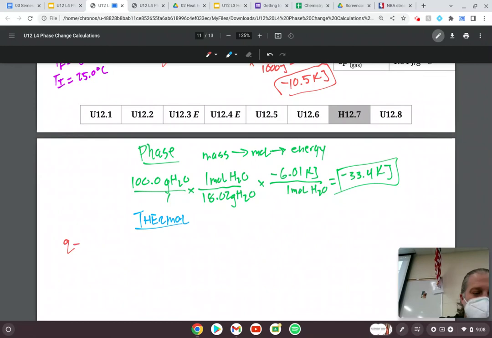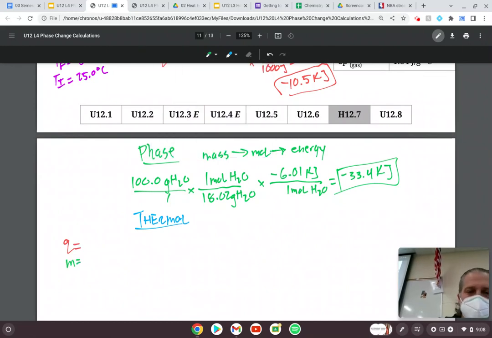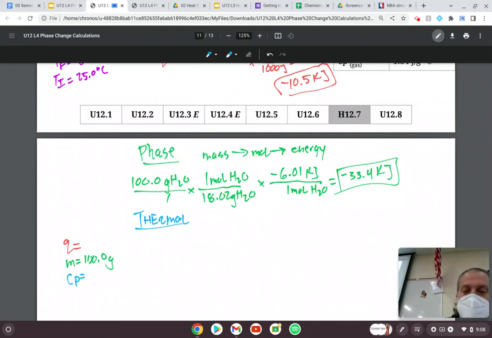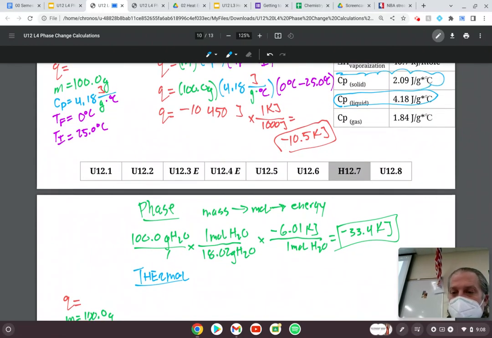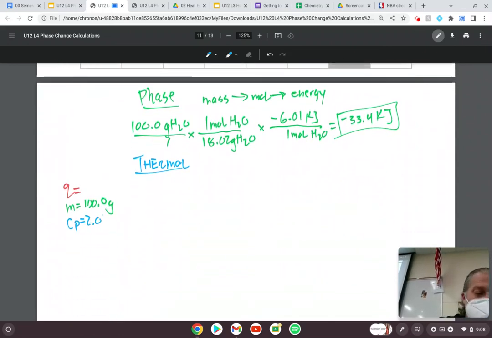So this is going to be Q, mass, which is still 100 grams. The CP in this case, because we're now at a solid, is going to be 2.09 kilojoules per mole. Nope, CP. I lied.